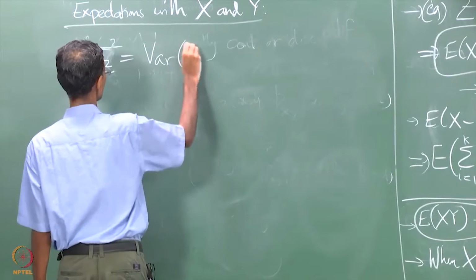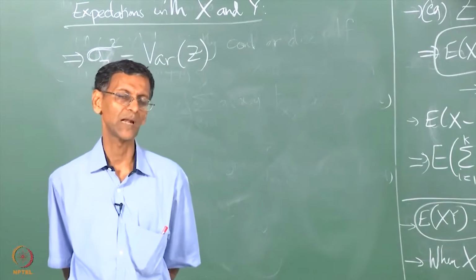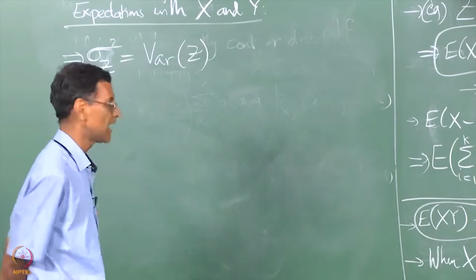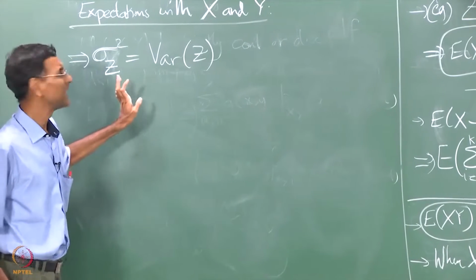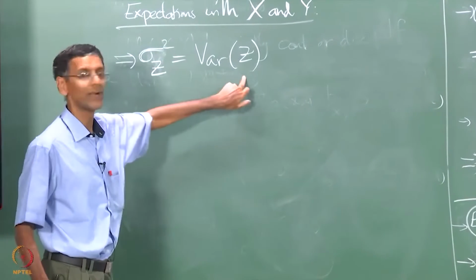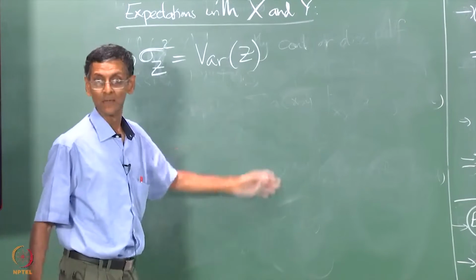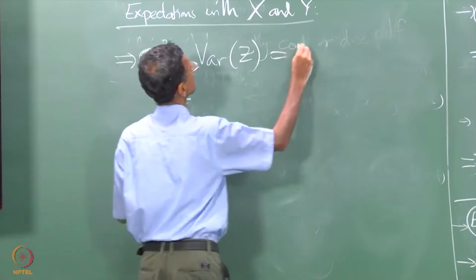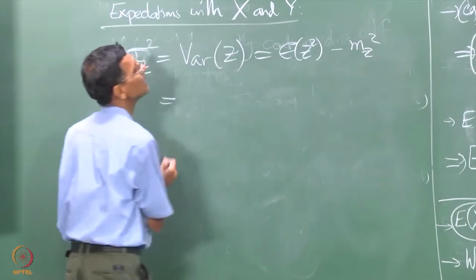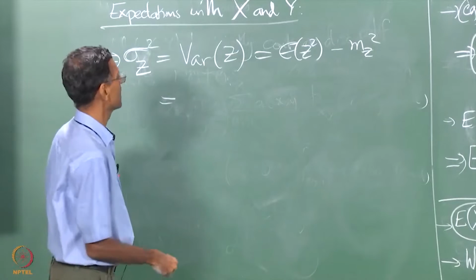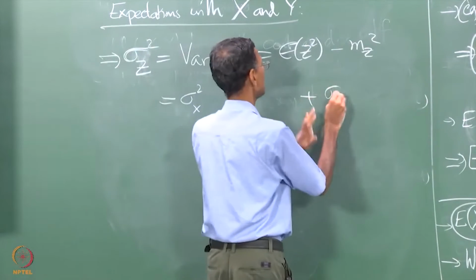Another notation we are going to use for variance is to write VAR and put the name of the random variable within brackets, which is in some ways cleaner because it avoids subscript and the square also. Superscript and subscript are both avoided in this quasi English mathematical notation, right? But it's fine. So this is basically just E of z the whole squared minus the mean squared, which is what? This is sigma x squared plus sigma y squared, we will write at the end.